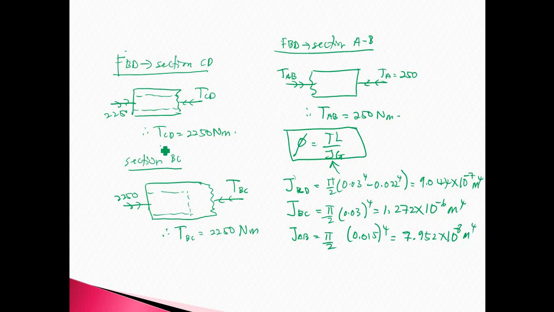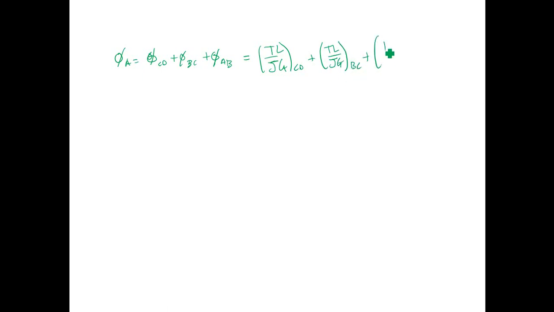So we have the values of T and J. Now we can calculate the angle of twist at point A. The angle of twist at point A is equal to the angle of twist for shaft CD plus that for BC plus that for section AB, which is TL over JG for CD plus TL over JG for BC plus TL over JG for AB.